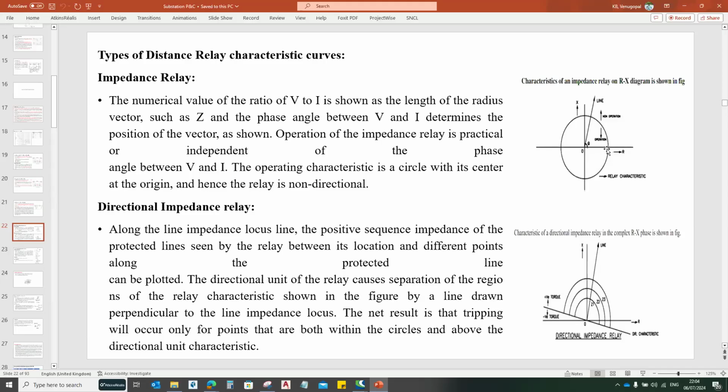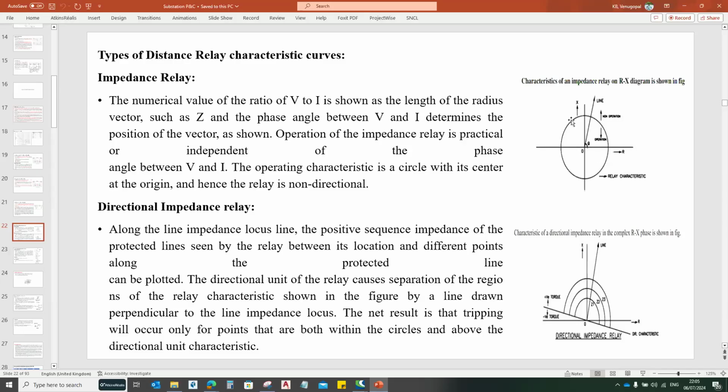But let's assume the main disadvantage: my fault is somewhere here. That's okay, because this is your transmission line and the fault happened here, so you can trip the circuit breaker. That is acceptable. But let's assume that the fault is somewhere here, outside of your protected area, outside of your transmission line.